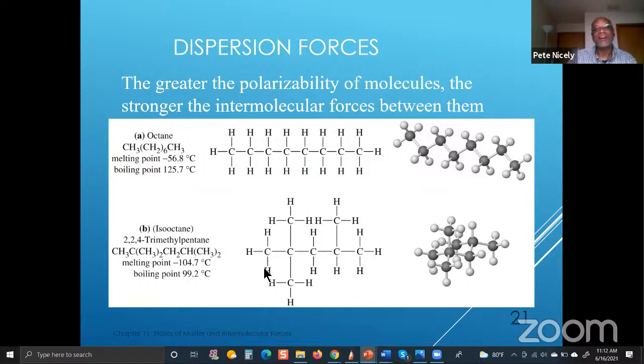What you'll find is that compounds of this type, where you have branches off the chain, tend to not be as close to each other as possible, and therefore the dispersion forces will be weaker in these compounds. So you'll notice that the boiling point of this compound, which is known as isooctane, is lower, 99.2 degrees, compared to the boiling point of octane, all right?